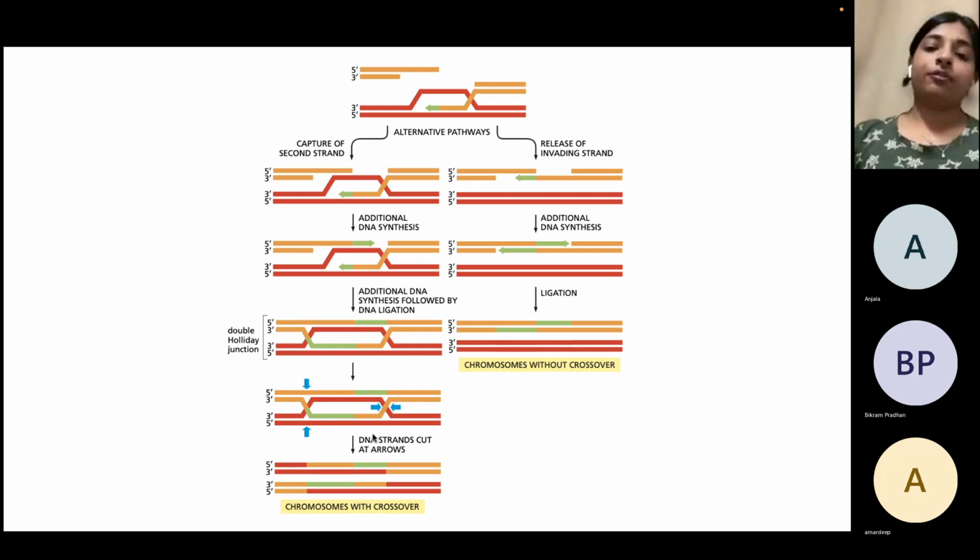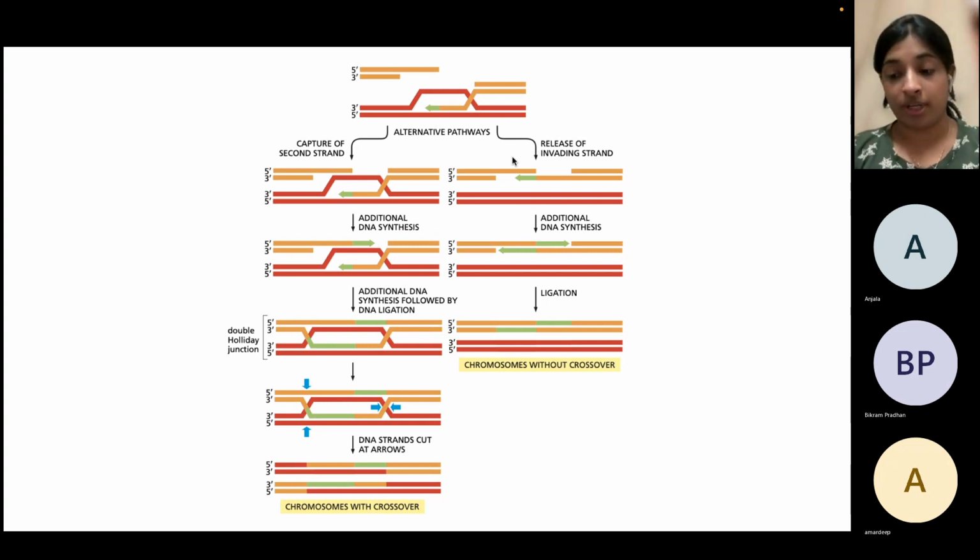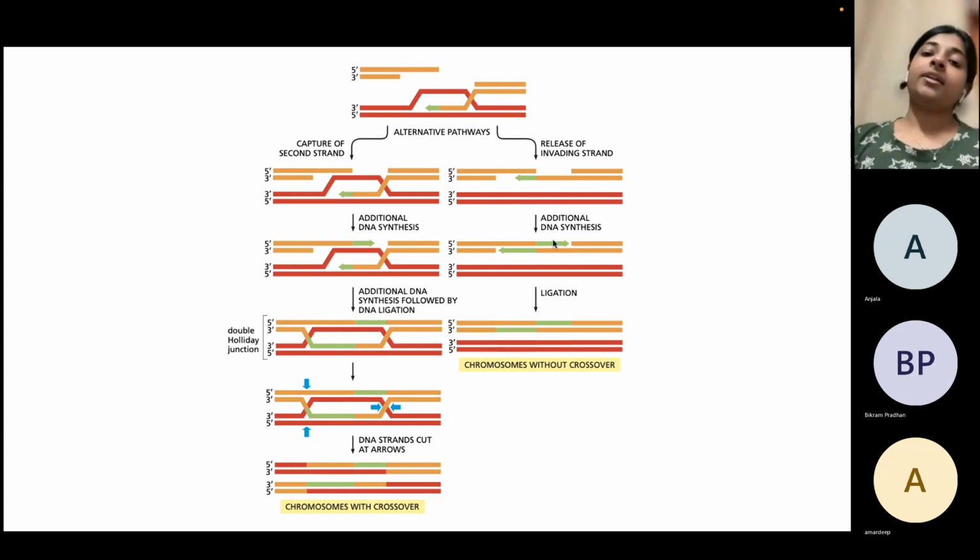Now, another possibility for this is once a Holliday junction is formed, the DNA repair proteins or the cell recognizes that, oh, this is something that is not right, because of which it is resolved early on in the Holliday junction formation itself, and instead of recombination, it is religated back into its original form and ultimately results in chromosomes without crossover.